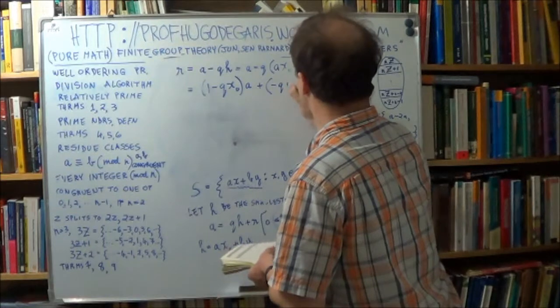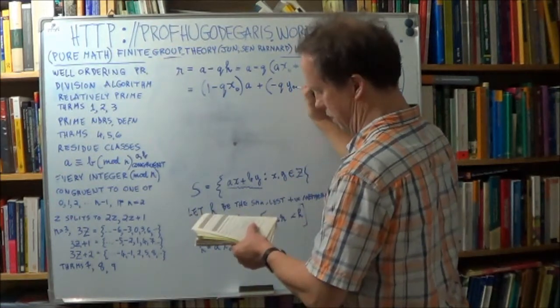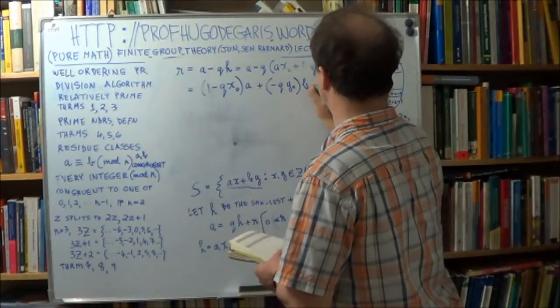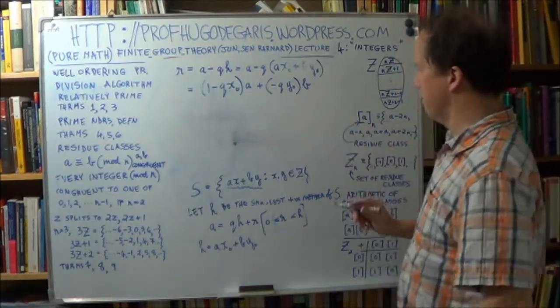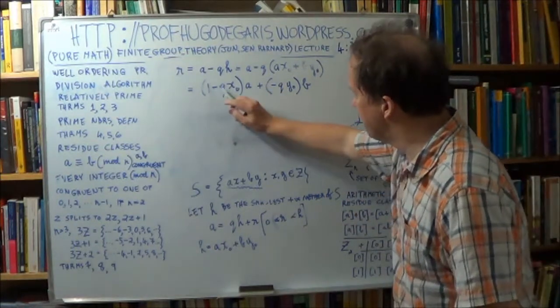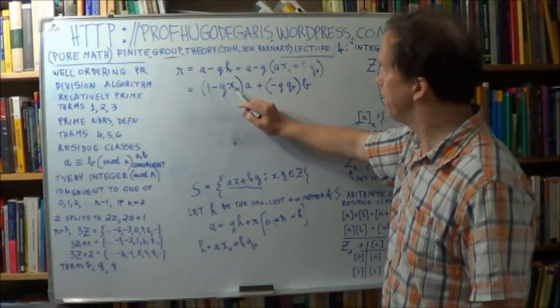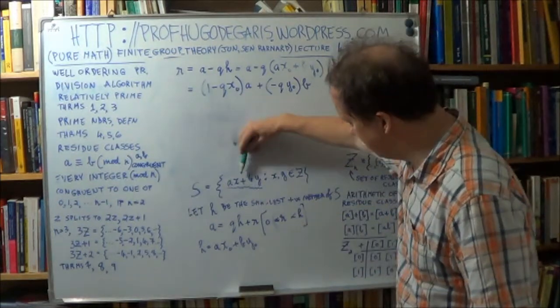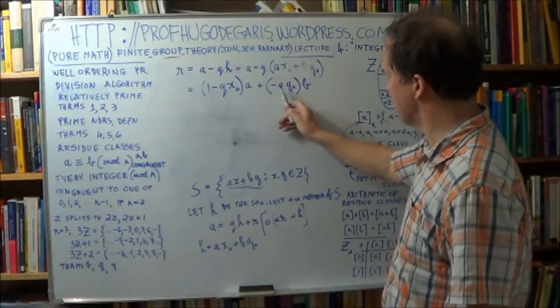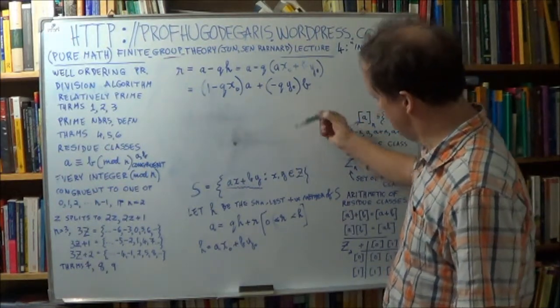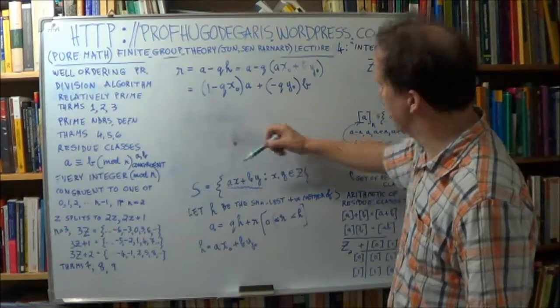Minus q y naught B, right? So this is just rearranged a bit. But look, this is just an integer, some integer A, and this also is just an integer, some integer B.